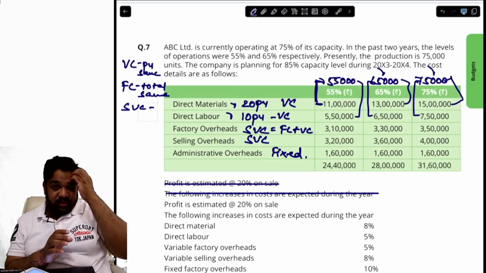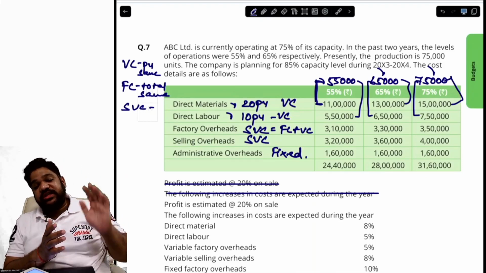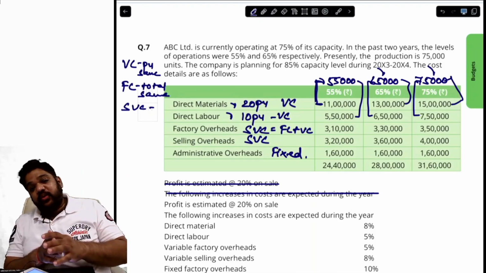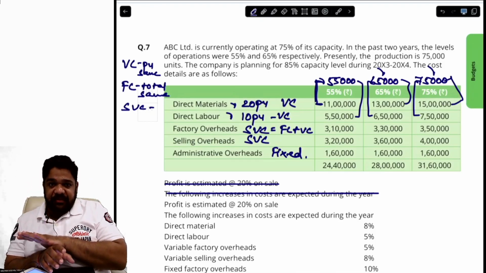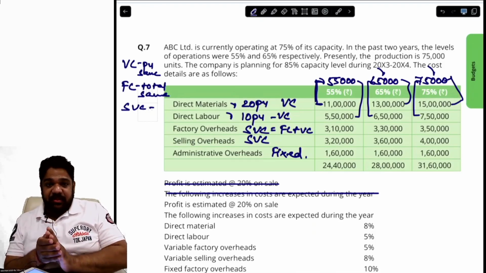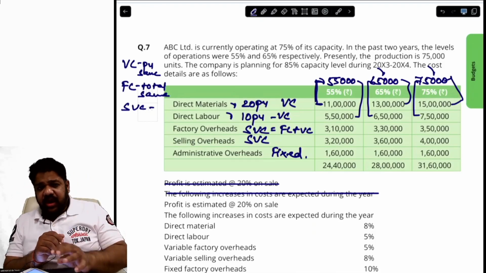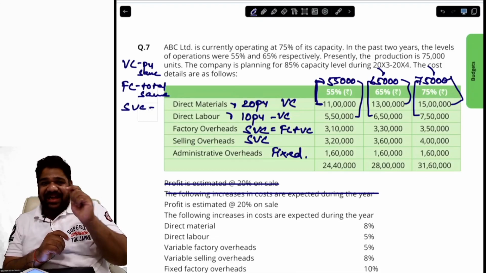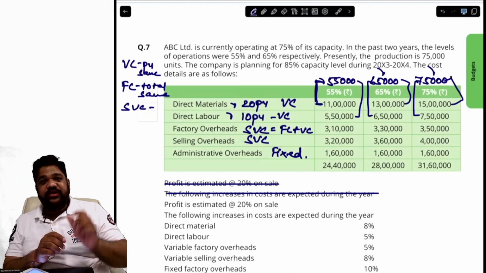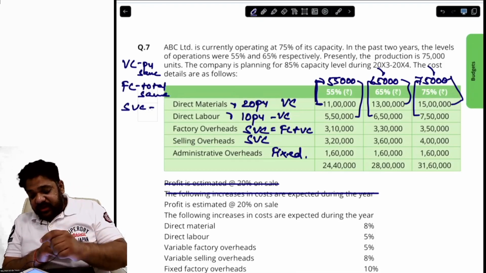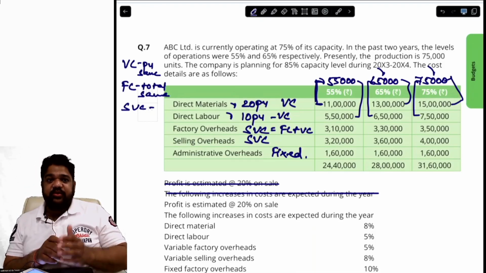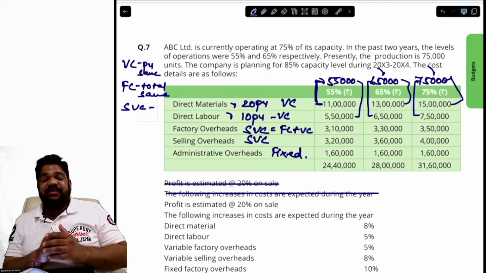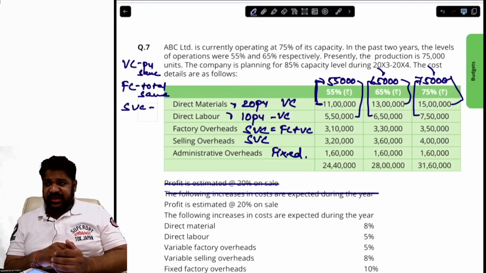Whenever you have cost at more than one level, you mathematically see whether a cost is fixed, variable or semi-variable. You will have to check it mathematically. For example, 11 lakhs is the cost of 55,000 units. You divide, you get a per unit. 13 lakhs is the cost of 65,000 units. 15 lakhs is the cost of 75,000 units. You divide and then see whether the cost is fixed, variable or semi-variable.